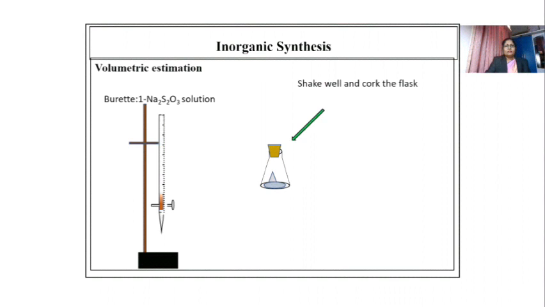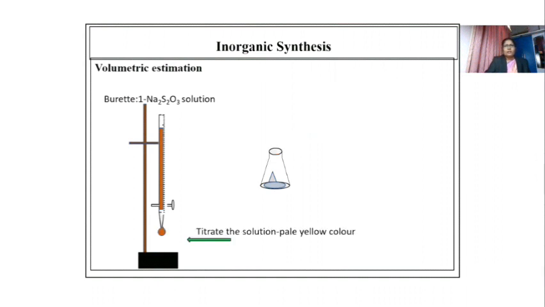Now meanwhile, fill the burette number 1 with 0.05 normal sodium thiosulfate solution. Now titrate this liberated iodine with sodium thiosulfate solution from burette number 1.